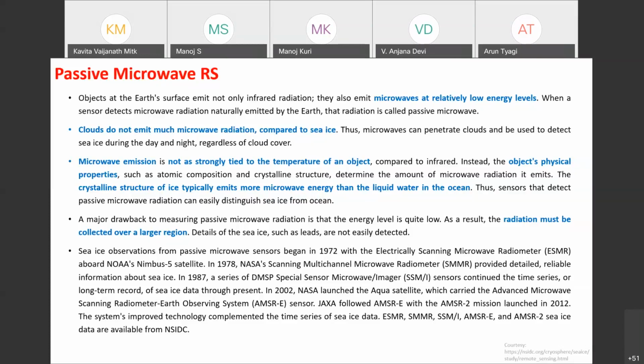Now, the major drawback of passive microwave radiation is that it's quite low energy, and as a result, the radiation has to be collected over a large region. So the field of view of collecting the data will be much larger, and that's why the footprint we get will be of a larger area.